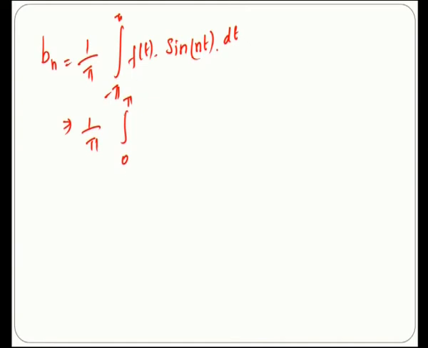So, I will take only the upper limit 0 to pi f of t into sin n t into dt. Now substitute the value: 1 by pi integral 0 to pi 1 into sin n t into dt.